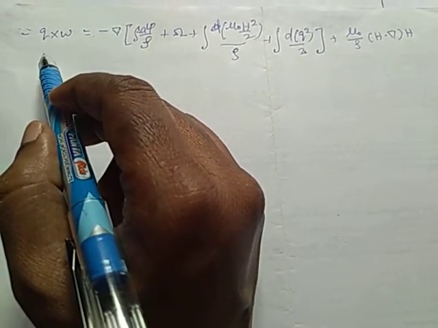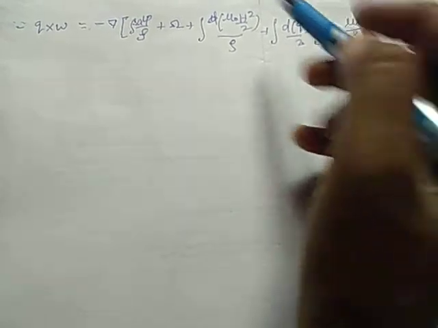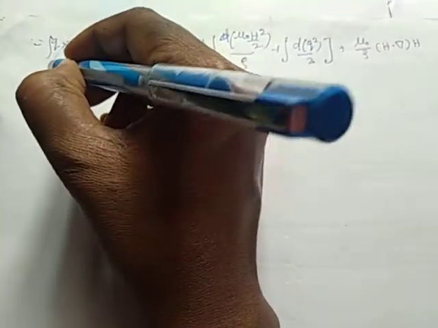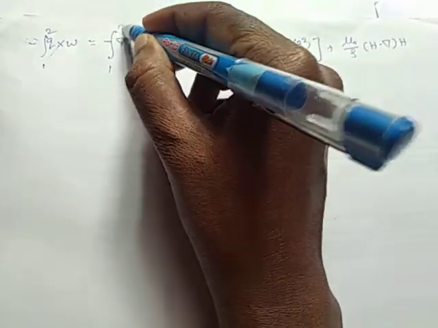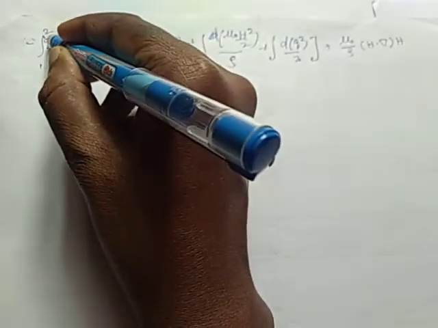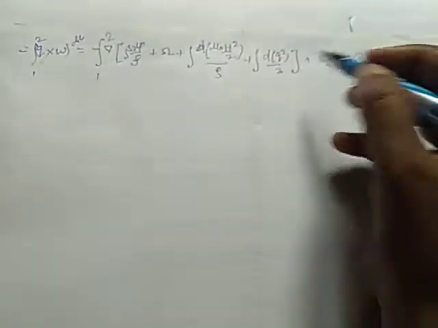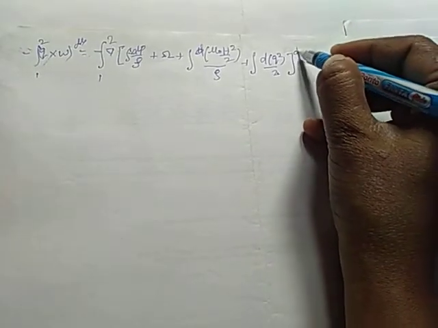Also I am going to integrate this equation between 1 and 2. So integral between 1 to 2. Here also integration is between 1 to 2 with respect to ds.